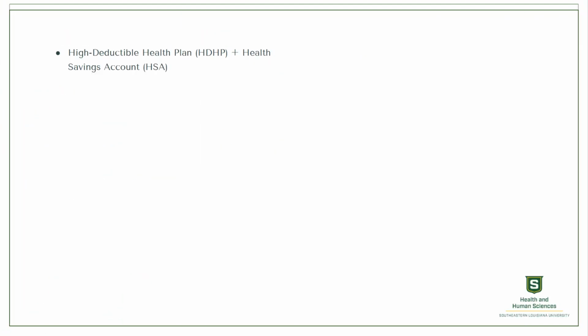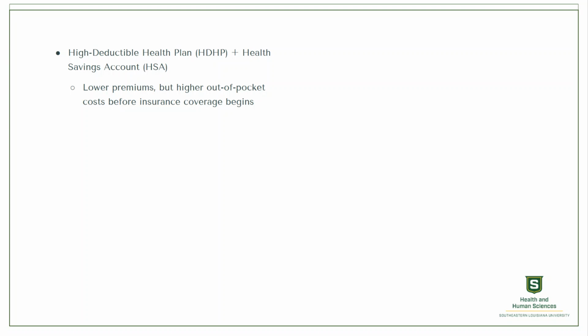Then we have the high deductible health plans, which are often combined with a health savings account. The premiums are lower. However, you have higher out-of-pocket payment. With high deductible health plans, there is an amount of money that the managed care organizations set out, and after you spend that amount covering your care, they kick in and pay 100% of the cost.